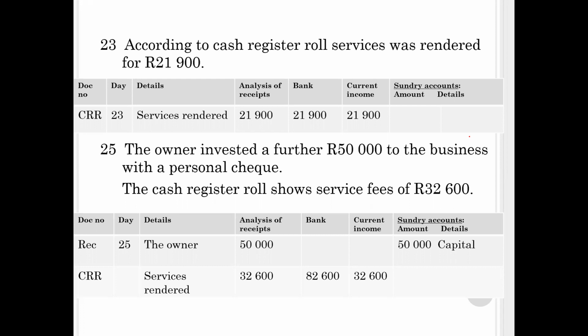Then you need to take the total of those two transactions for the day, add it up, and take the total to bank. That is why there is 82,600 with bank. But you still need to say what that 32,600 is for. That is for current income because it was for services rendered.